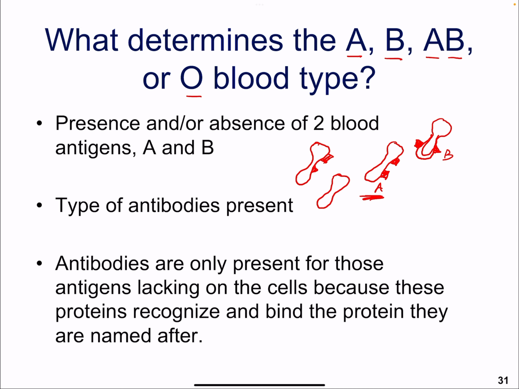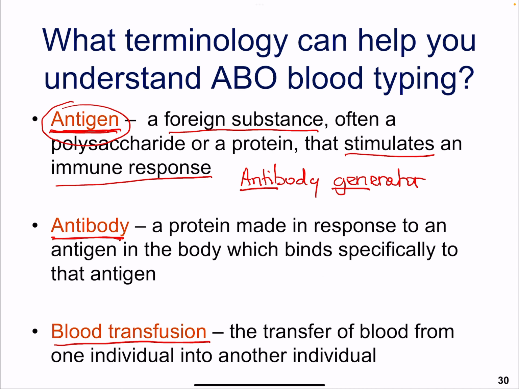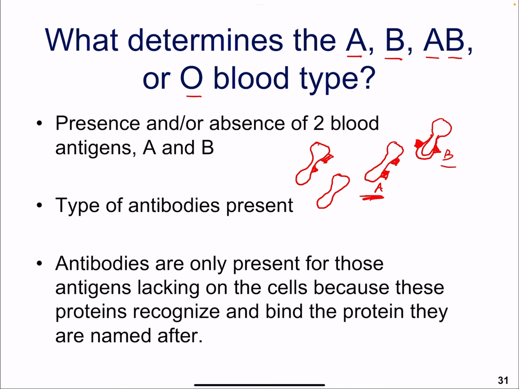They can only produce antibodies against B because B is a foreign particle. Likewise, B individuals are going to produce antibodies against A because A is a foreign particle to them.